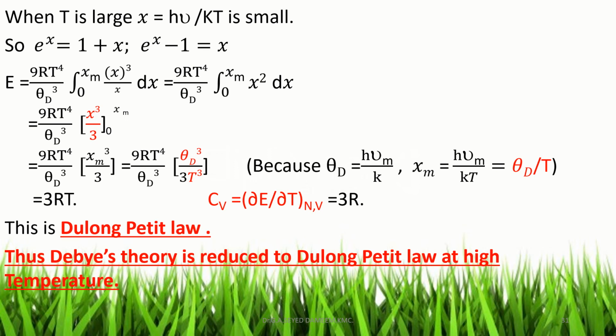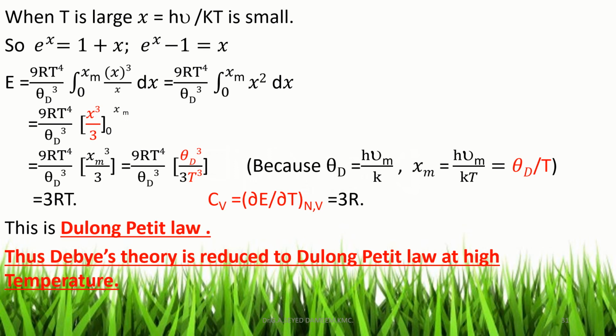So the equation 9RT power 4 divided by θD cube, θD cube divided by 3T cube, because xm is equal to θD divided by T. On simplifying these equations by cancelling θD and simplifying 9 divided by 3 as 3, the temperature T power 4 is cancelled with T power 3, so the remaining term is T. So the balance equation is E is equal to 3RT.